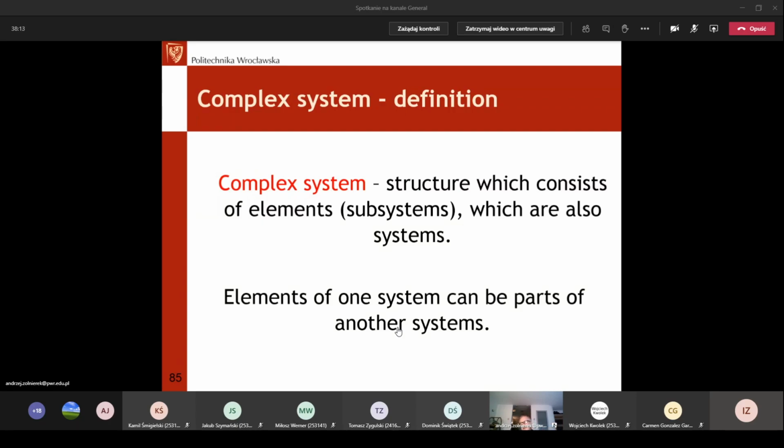So it means that when we say system, we have in mind rather something complicated, something which consists of plenty of elements, or maybe subsystems. So we think that such a system has its own structure, its own goal for which the system is built.